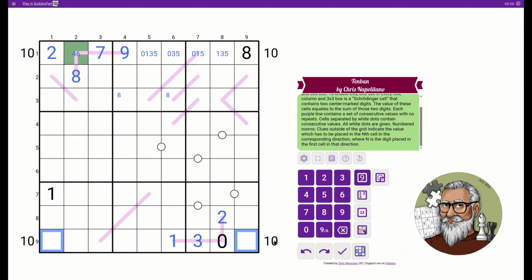Yeah, so this makes it an 8-2, doesn't it? Does that work? No, 8-2 doesn't work. It makes it a 6-4. I was looking at the 1-3. Yeah, 8-2 doesn't work because this one can't be 8 or 2, right? It's a minimum of 4. Well, I mean, that solves it. It's a minimum of 4, so these have to be 6-4.